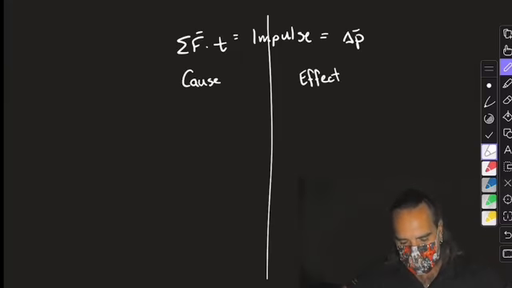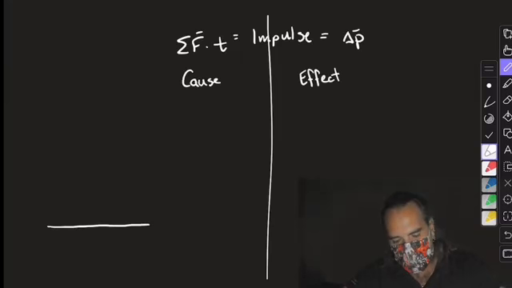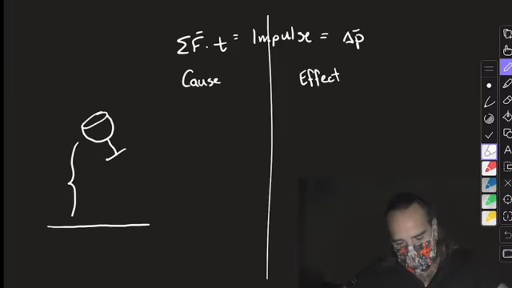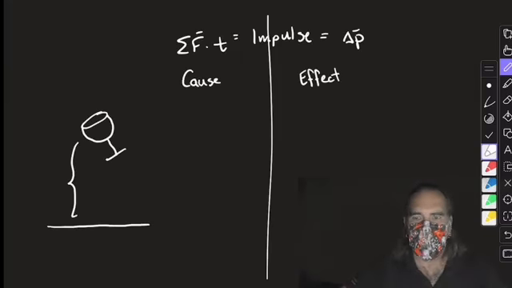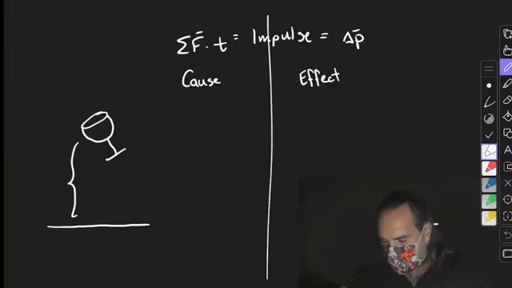I want you to consider two cases where the impulse is the same. I have a wine glass, I drop it on a tiled floor. I take a similar wine glass, but drop it on a carpeted floor.